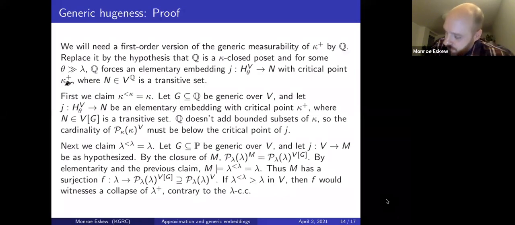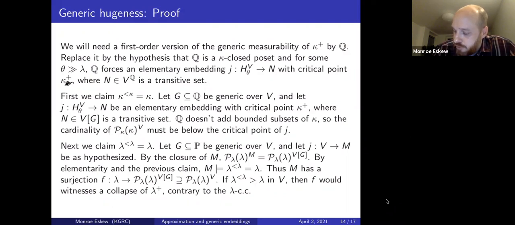Okay, so first, this is a relatively simple argument, actually. The assumption of the closure of Q gets you some GCH at or near kappa. So we have kappa to the less than kappa equals kappa. The reason is just that it's a kappa-closed forcing, and the critical point is kappa plus.